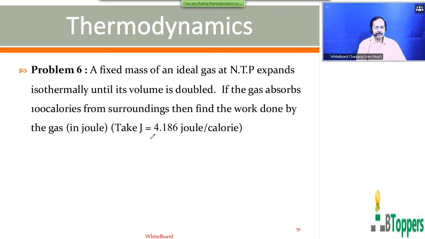Take J, that is the mechanical equivalent of heat, equal to 4.186 joule per calorie.